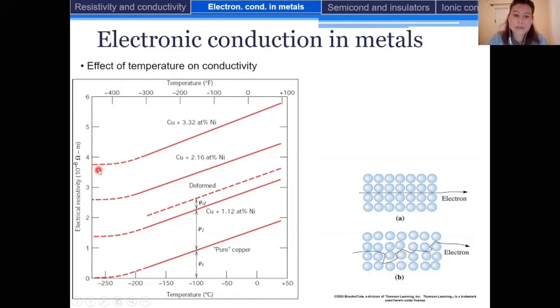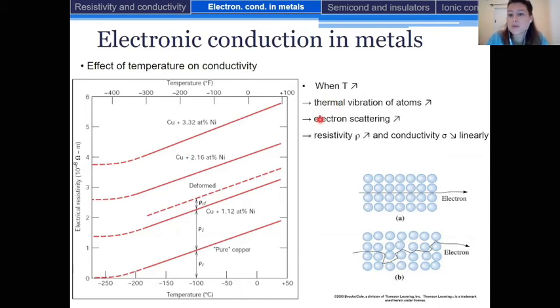We observe that there is an increase of the electrical resistivity with temperature, which means a decrease of the conductivity, which is quite contradictory with the fact that we have the creation of free electrons when we increase the temperature due to the thermal excitation of electrons to levels higher than the Fermi level. But in fact, when we increase the temperature, we increase the thermal vibration of atoms, and this increases the electron scattering.